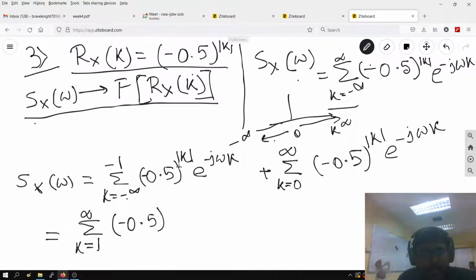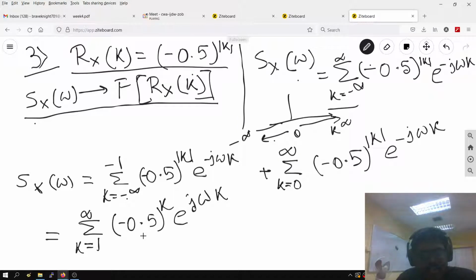See, mod of k here, what does it mean? If I take any negative number from minus 1 to minus infinity, it will become positive, so I can replace it with k, and this k will have a sign change because I have taken it in the summation limit, so it will be e to the power j omega k.